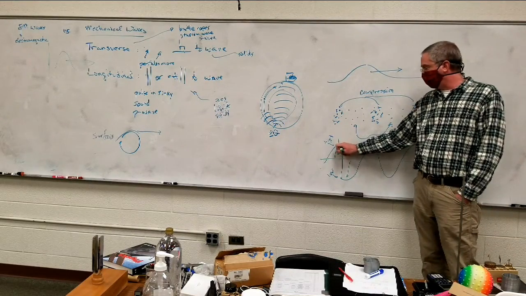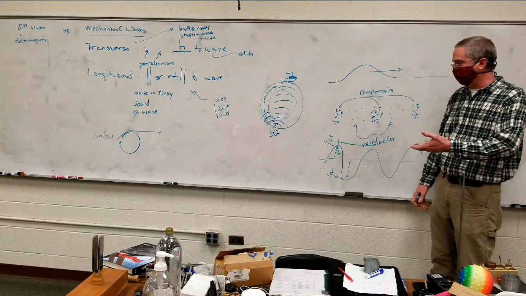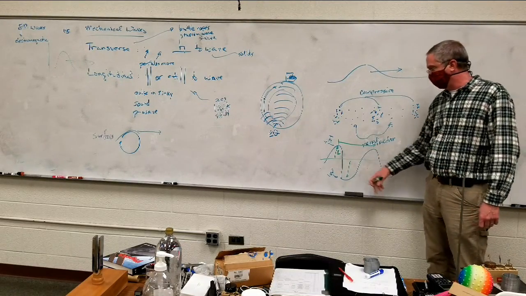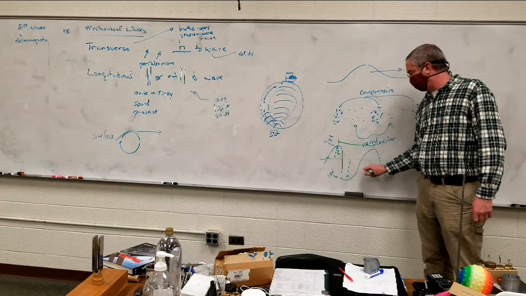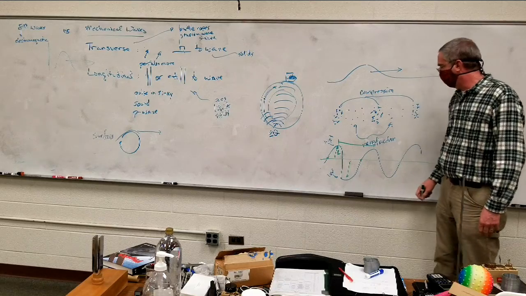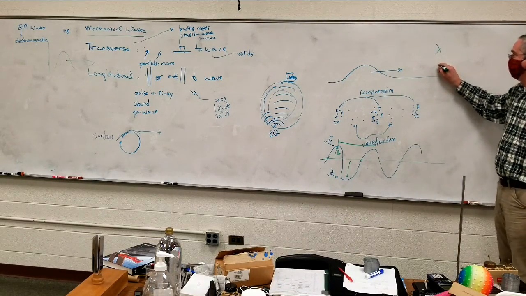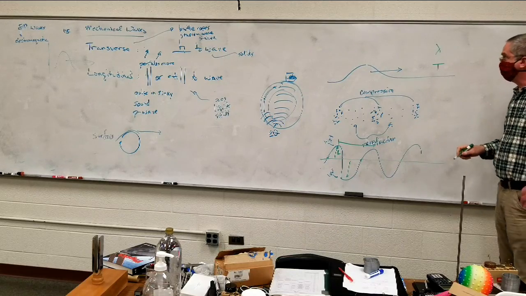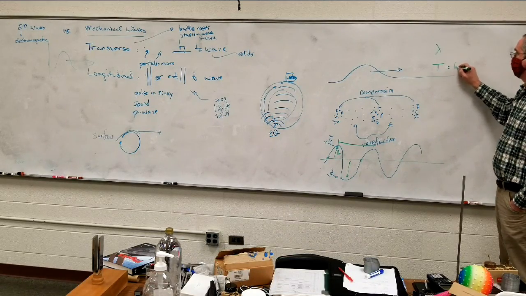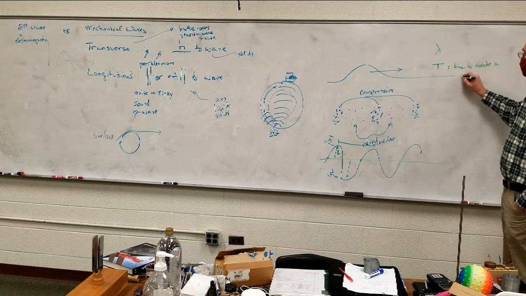If I go from some point on the wave to the next point in the same spot on the wave, from peak to peak, trough to trough, this point going up to this point going up, that distance is the wavelength. So we still have wavelength. Period is the time it takes to create a cycle. So this is time to create a cycle of repetitive motion.